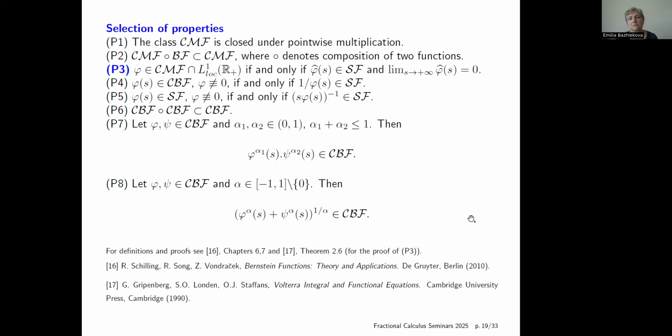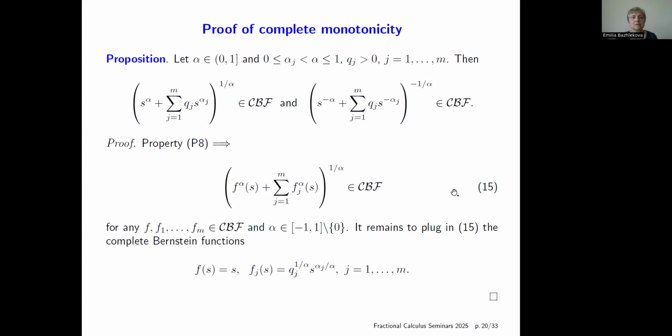So it's sufficient to prove that the Laplace transform is a Stieltjes function and this limiting property. Under the first, we prove a proposition under the assumptions on the parameters. These two functions are complete Bernstein functions, which follows from property P8 on the previous page.